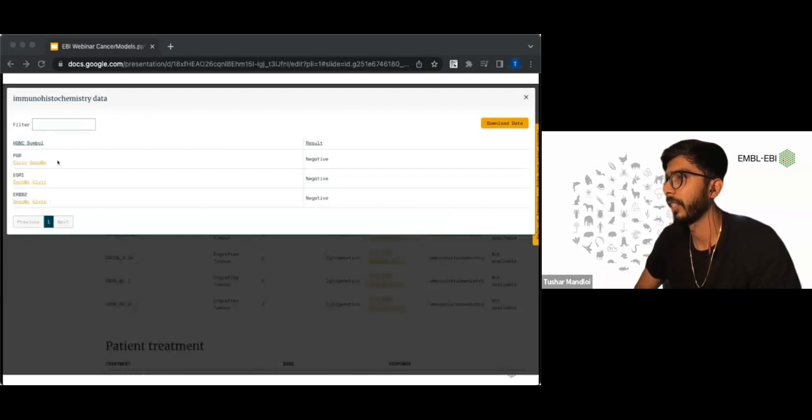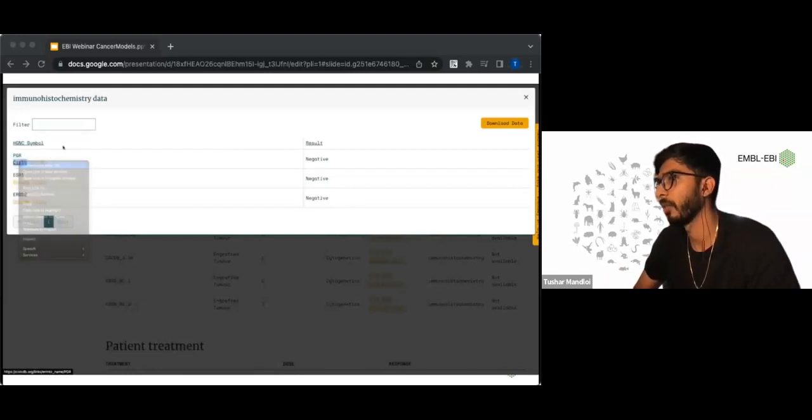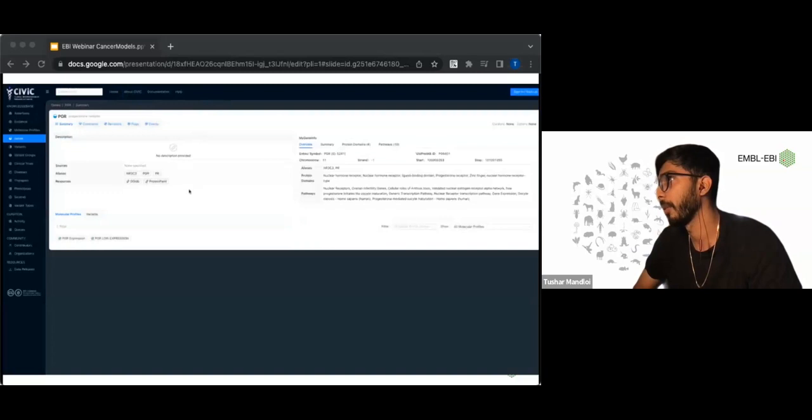We also integrate with external resources, which can provide further information about these genetic markers. The external resources we connect with are Civic, OncoDB or OncoMX, dbGaP, dbSNP, etc. Here you can read about the markers.